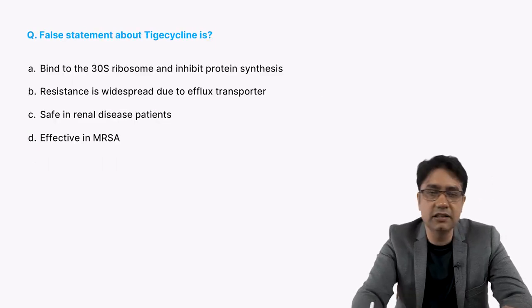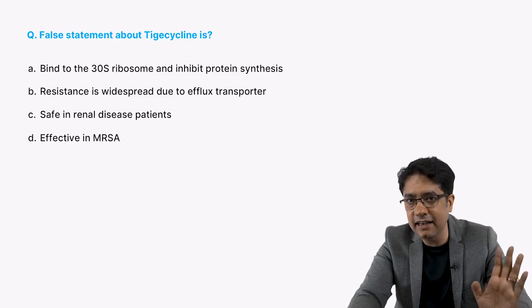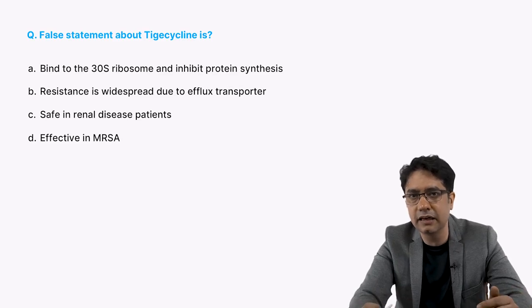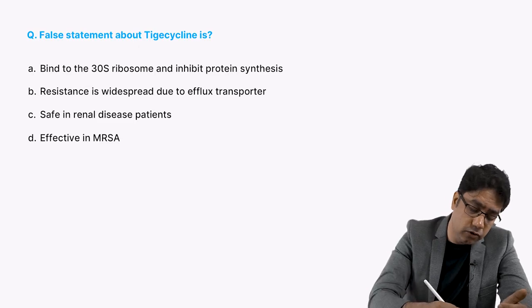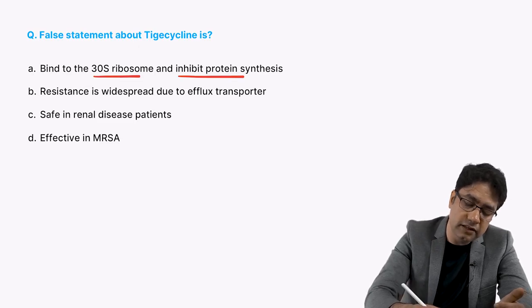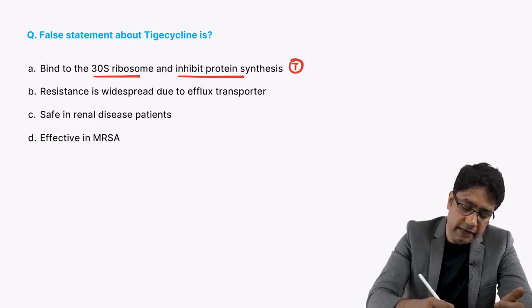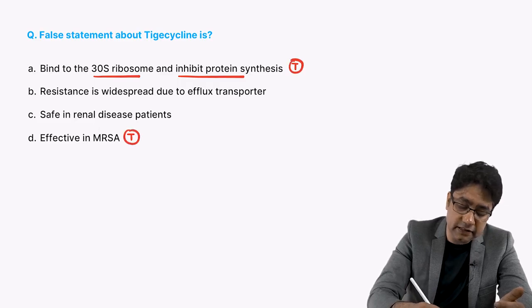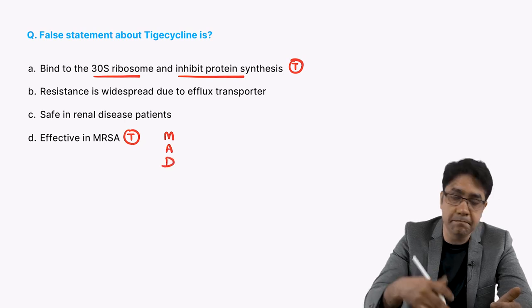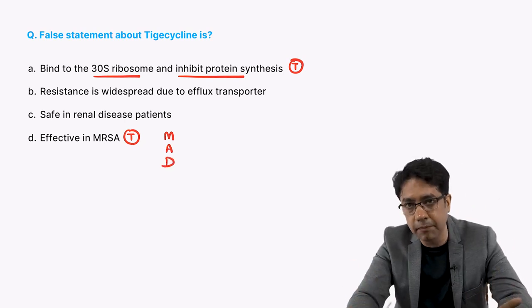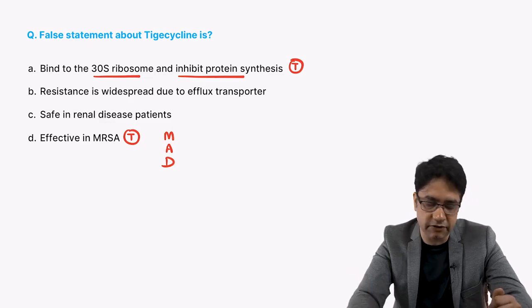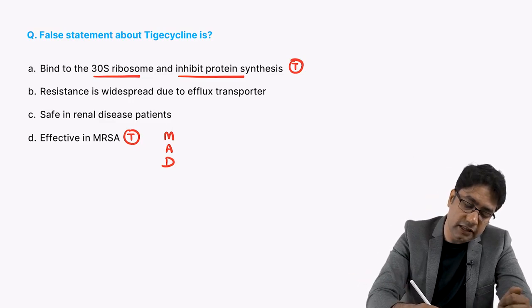So what is a false statement about tigecycline? Tigecycline, remember, is a new drug just like tetracycline. It binds to the 30S ribosome and inhibits protein synthesis. True. It is effective in MRSA. Yes, we discussed 3 uses of tigecycline, MAD: MRSA, abdominal infection, dermis or skin infection. It is safe in renal disease patients. True.